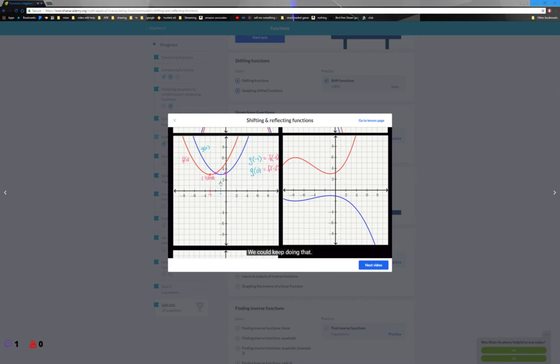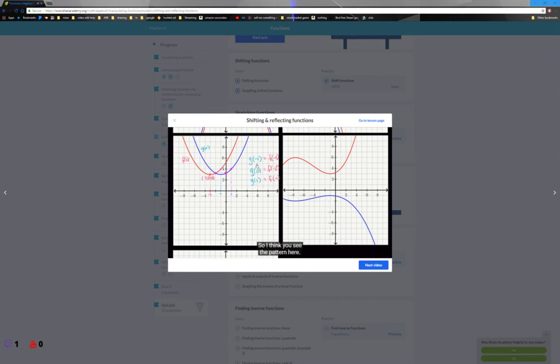We could keep doing that. We could say g of 1, which is right over here. This is 1. g of 1 is equal to f of -1.